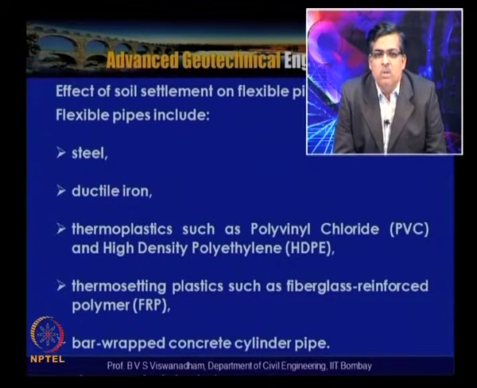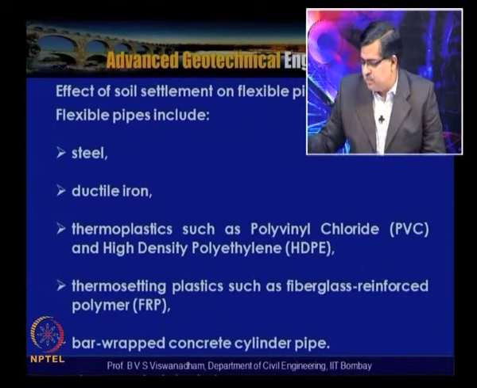So the materials used for making flexible pipes include steel, ductile iron, thermoplastics such as PVC and high density polyethylene, thermosetting plastics such as fiberglass reinforced polymer, that is FRP pipes, and bar wrapped concrete cylinder pipes.